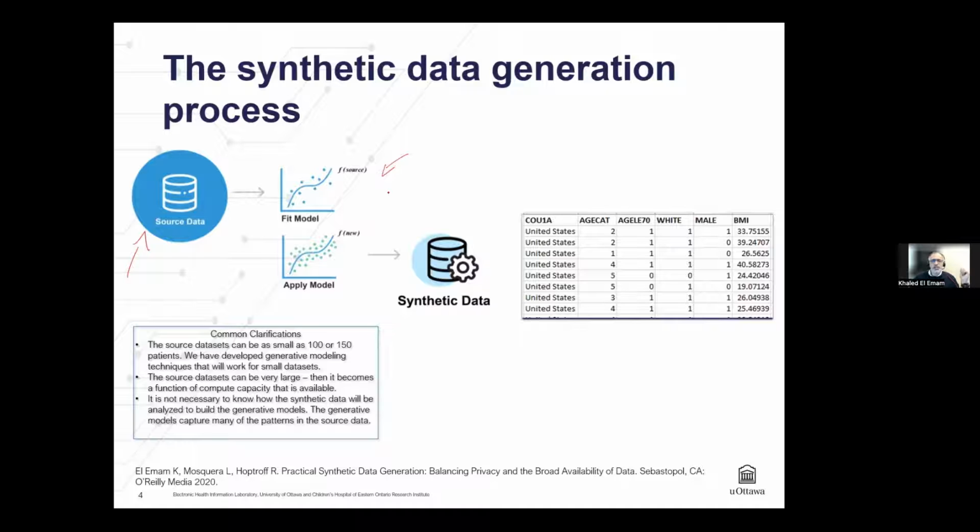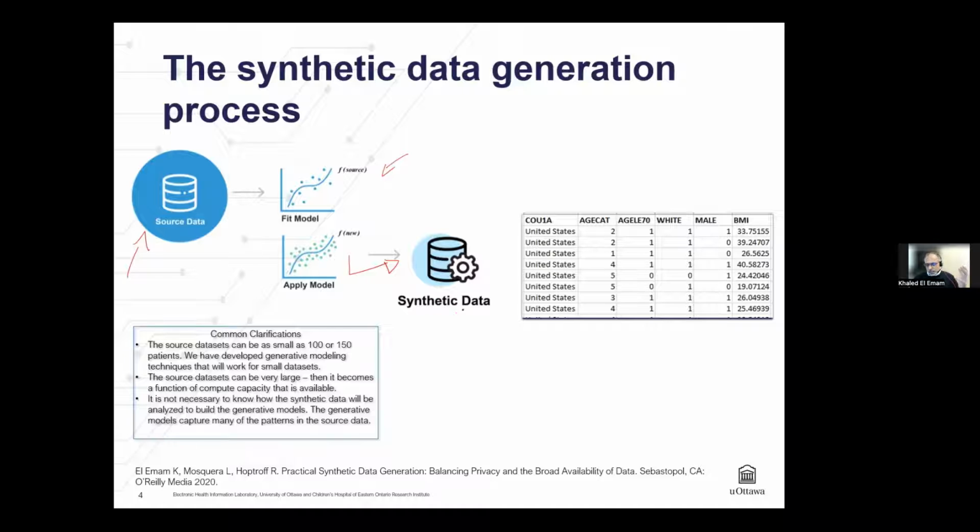There are many different types of generative models, but they essentially aim to learn the patterns in the original data, the simple and complex patterns in the original data. And then you would use the model to generate new data. That's the synthetic data. And so synthetic data is generated from the model. It's not generated directly from transforming the data.